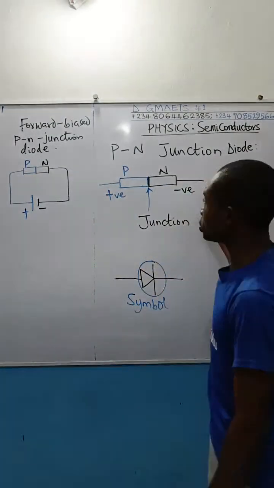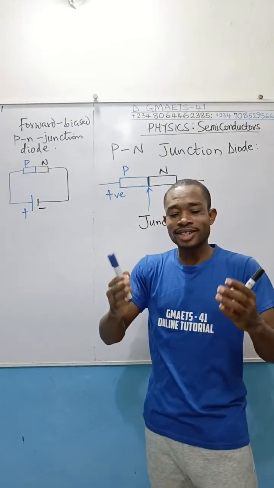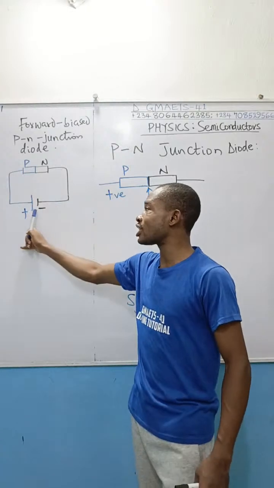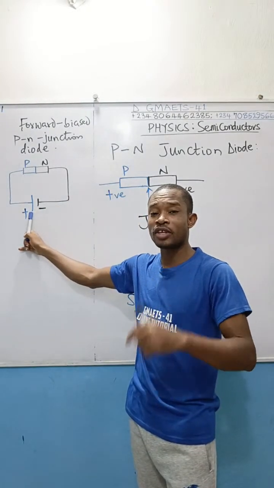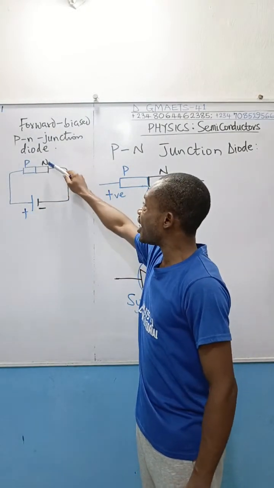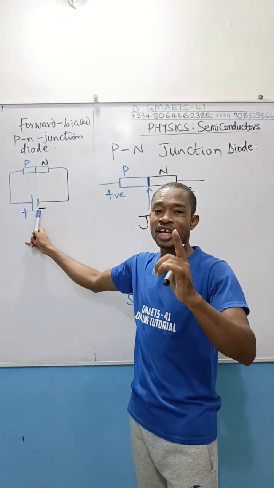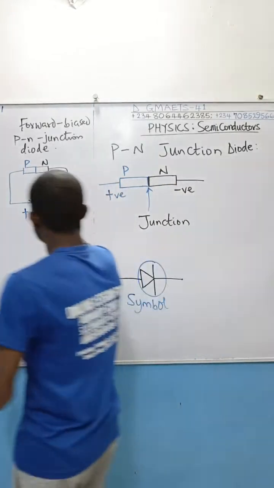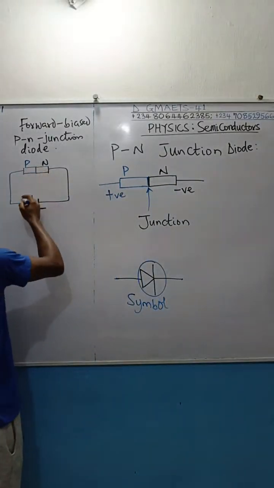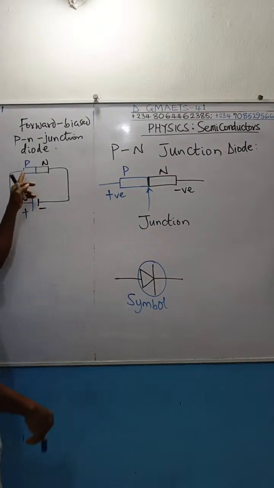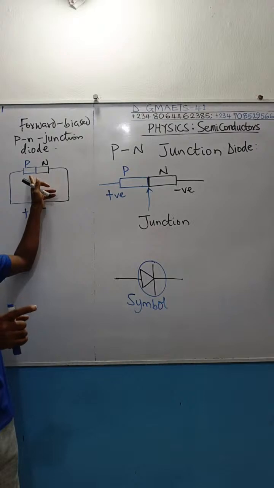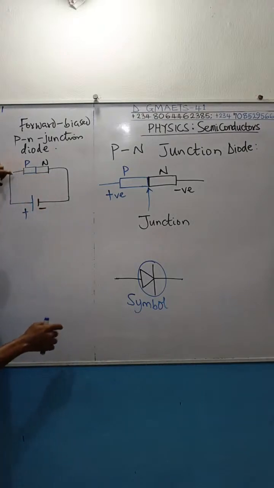So look at what happened in this forward bias. For a PN junction to be connected in such a way that you refer to it as forward biased, the P-type will be connected to the positive terminal of the cell, while the N-type will be connected to the negative terminal of the cell. Now look at what happens. In the P-type, the majority carrier is holes.